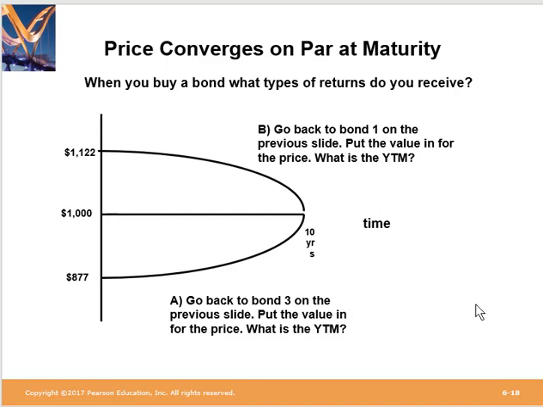People invest in bonds for the cash flow, not for the capital gains. So that's a different way of thinking about investing than the way we normally think about investing in stocks. So that's part one of the valuation of bonds video.